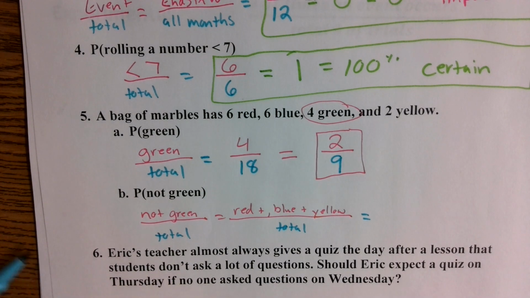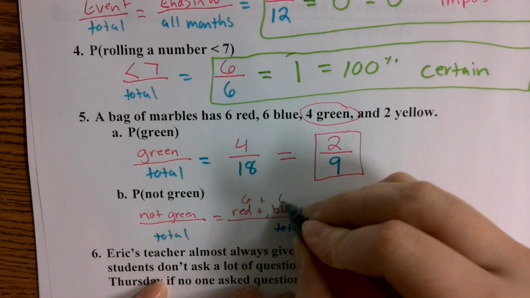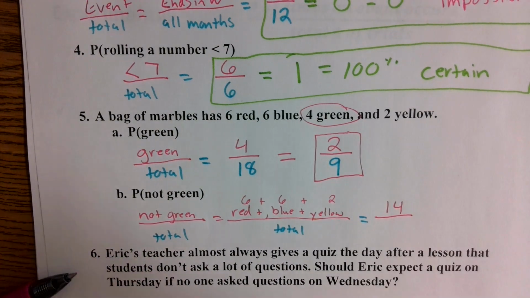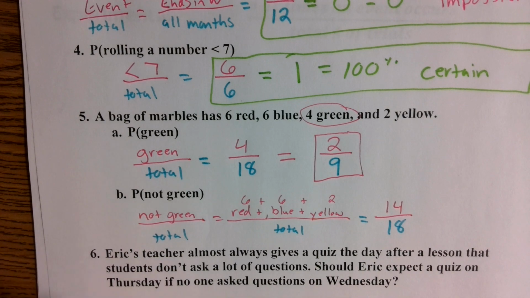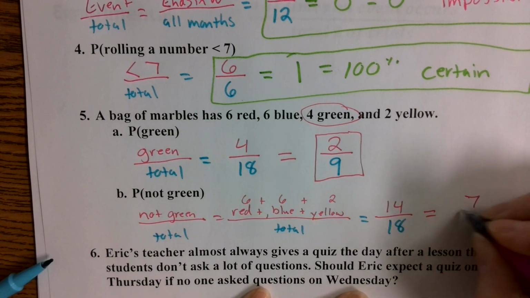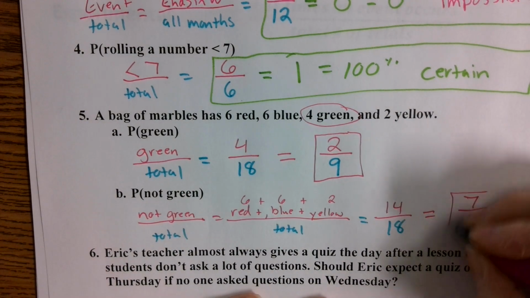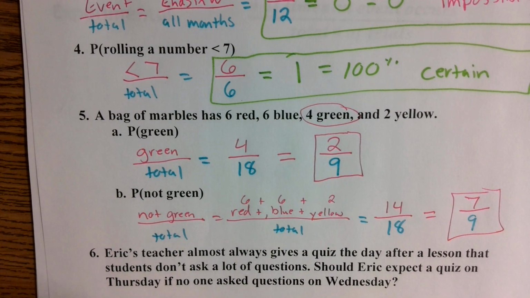So we know, hey, this is 6 plus 6 plus 2. That comes out to 14 out of the 18. And then we can simplify it. When we simplify it, it simplifies to 7 over 9. So if you didn't know that green was 2 over 9, you had to actually find just not green. You would count how many are not green out of the total.